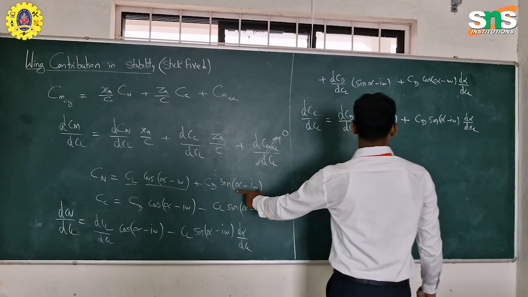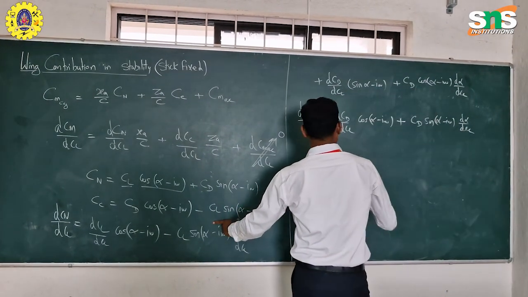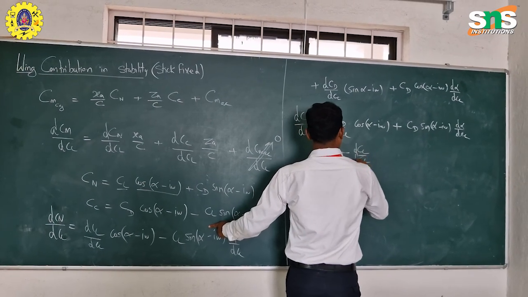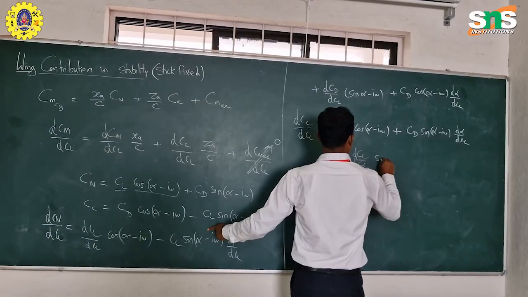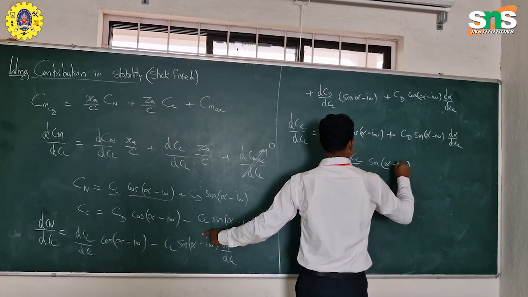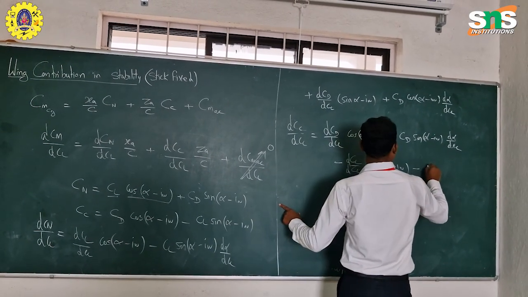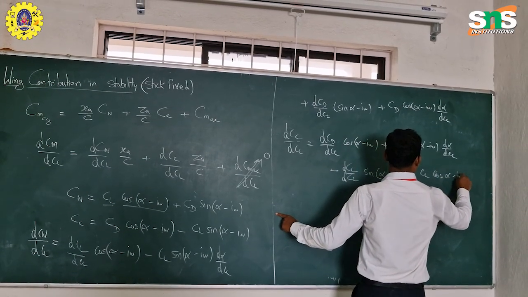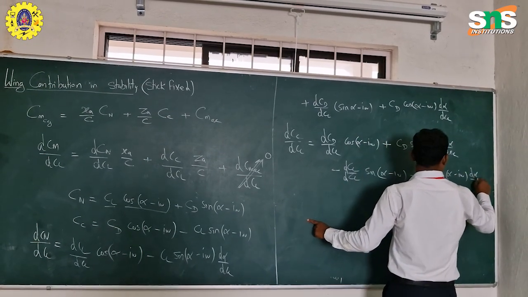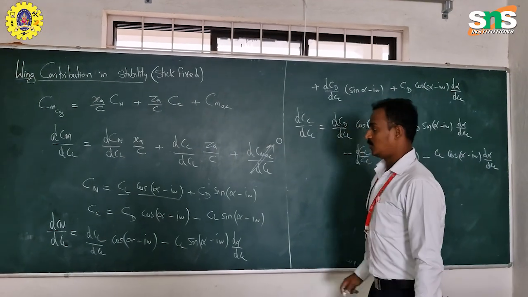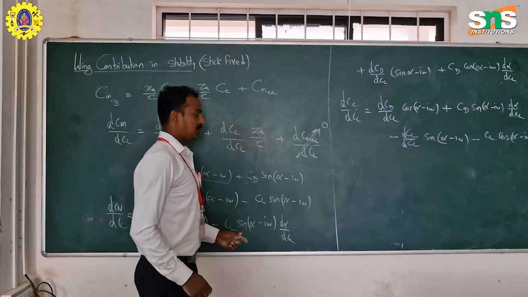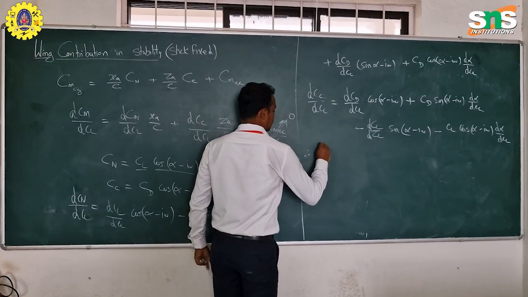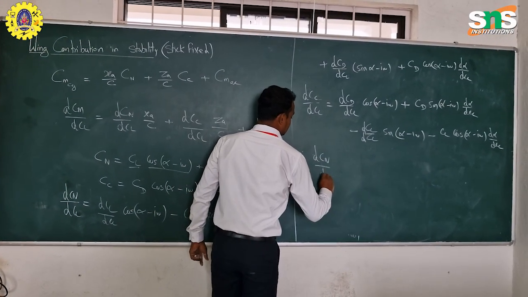And minus dCl by dCl sin(alpha minus iw), plus Cl cos(alpha minus iw) into d alpha by dCl. From this we find the normal force and adverse force derivatives.